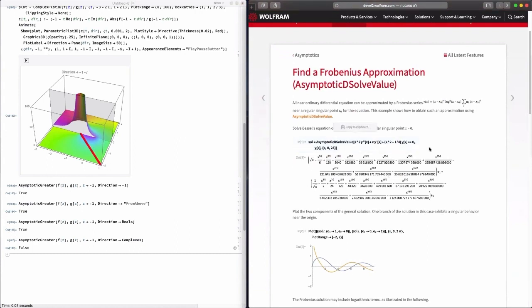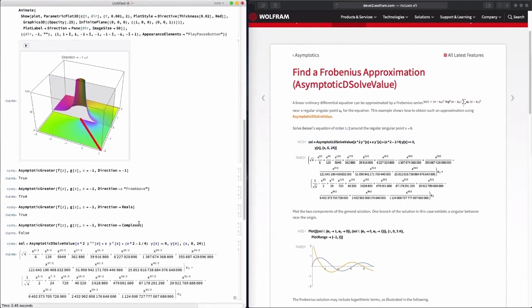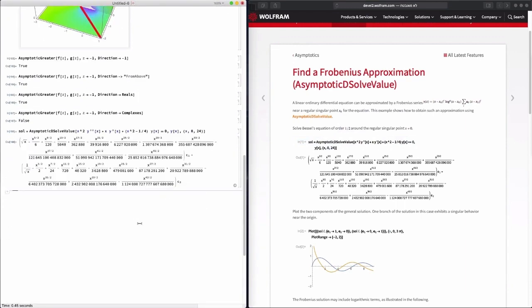So we have a sort of a linear ordinary differential equation, but with singular points. Our coefficients are going to go to 0. But we can still find some nice approximations.